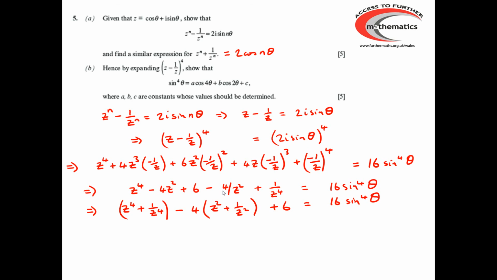So we've got z to the 4 plus 1 over z to the 4, take away 4 lots of z squared plus 1 over z squared, add 6, must equal 16 sine to the 4 theta. Using the result we've already shown, z to the 4 plus 1 over z to the 4 is 2 cos 4 theta. z squared plus 1 over z squared is 2 cos 2 theta.